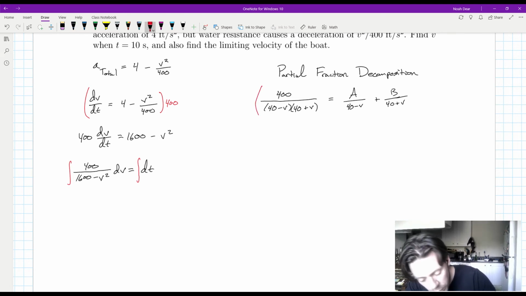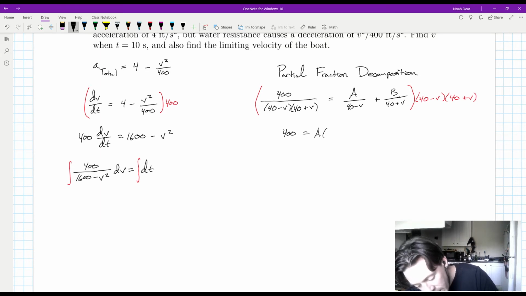So we'll go ahead and multiply both sides by the common denominator, 40 minus v times 40 plus v. On the left side, this will cancel out to leave us with the 400. On the right side, we'll get a times 40 plus v plus b times 40 minus v.